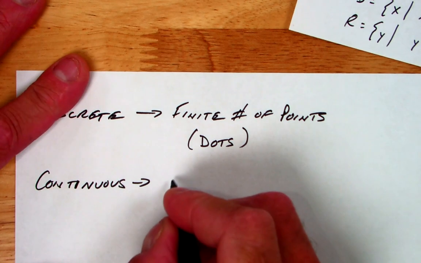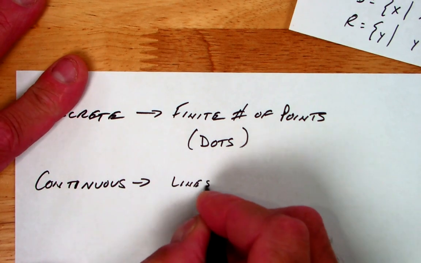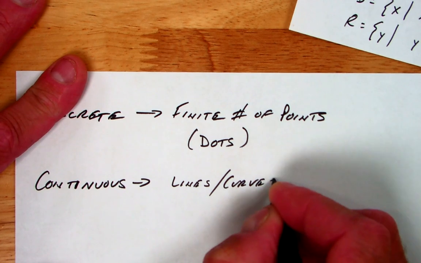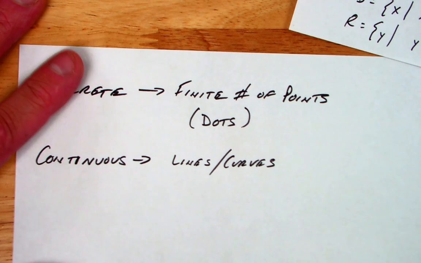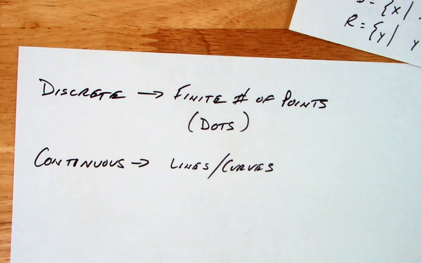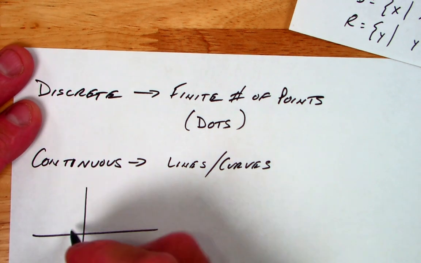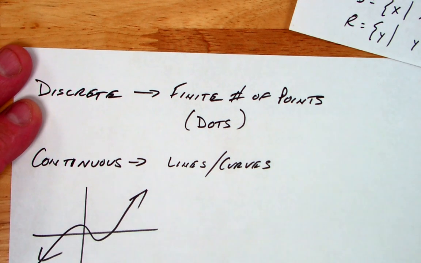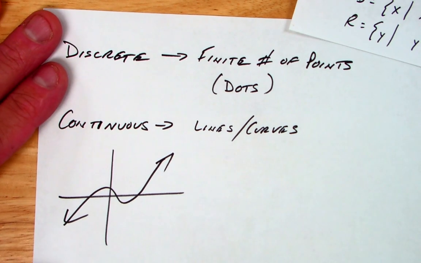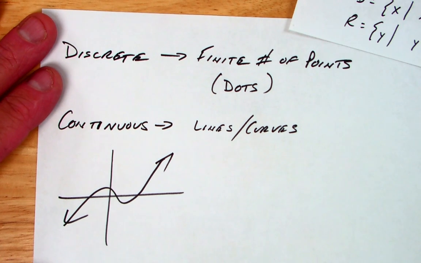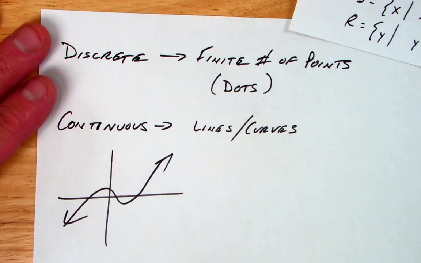Continuous basically means it's going to be made up of lines, curves, but the big thing is the whole graph can be drawn without lifting your pencil. No choppiness, no breaks, no nothing funky. So if I would go like this, is that continuous? Yeah, it's nice and smooth and continuous. It just continues. I don't care which direction it goes, it just continues.